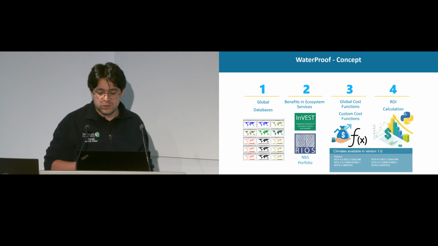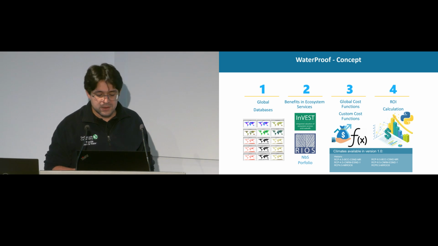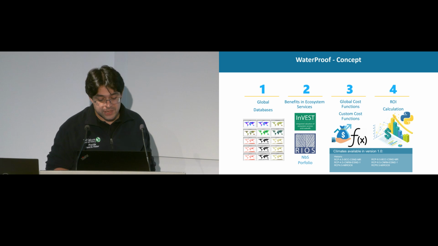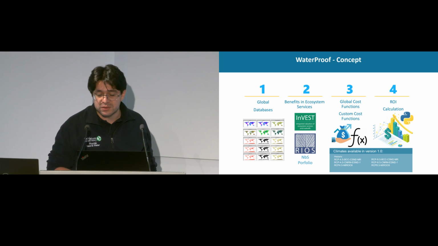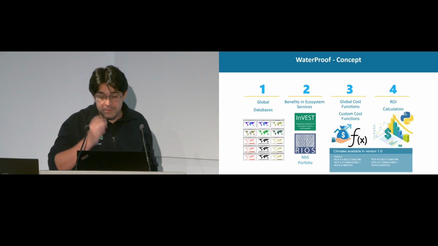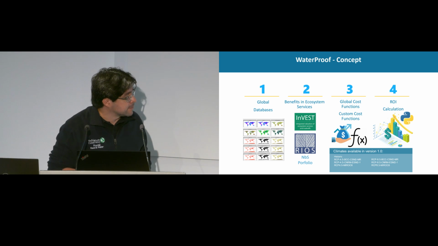And at the end, we are having the ROI calculation, where we put all this together with the global cost functions, and we can calculate the ROI because we can also calculate or estimate the cost of the implementation, maintenance, and opportunity costs associated with the implementation of the nature-based solutions, and we can relate that with the monetized benefit that we are going to have in the system.